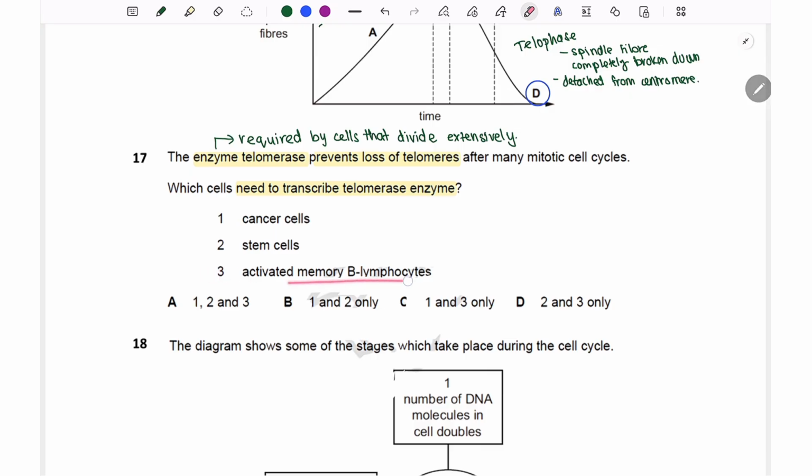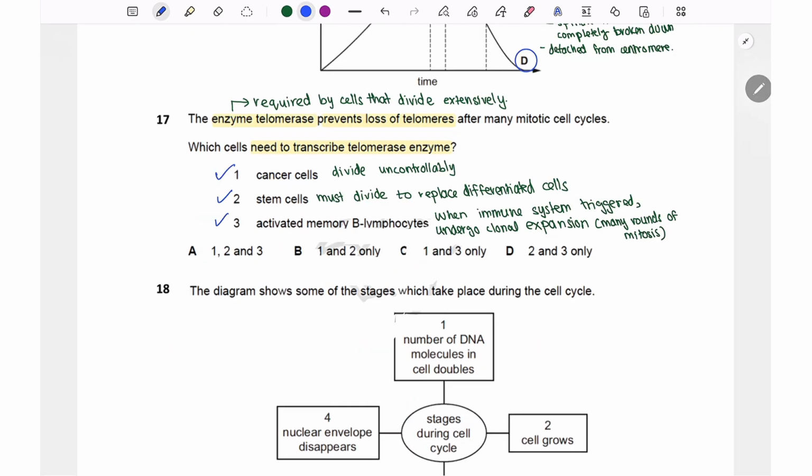And activated memory B lymphocytes, this is also going to need this enzyme because when the immune system is triggered, they undergo rapid clonal selection. That's one thing, but clonal expansion is what's relevant here. Clonal expansion is just many rounds of mitosis, so they're definitely going to need this enzyme. So all 3 of these. That's going to be A.